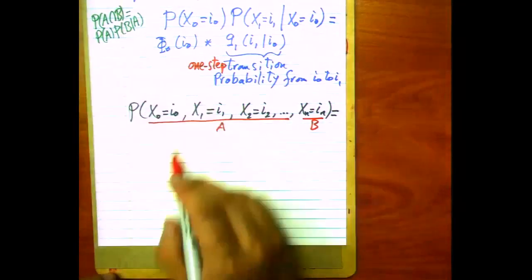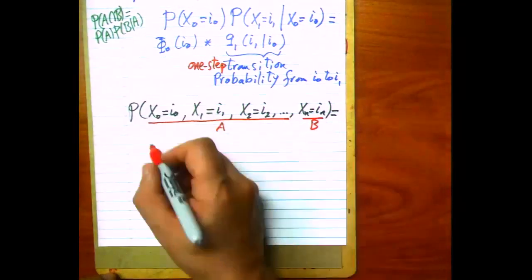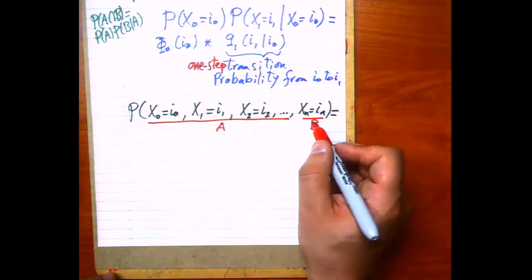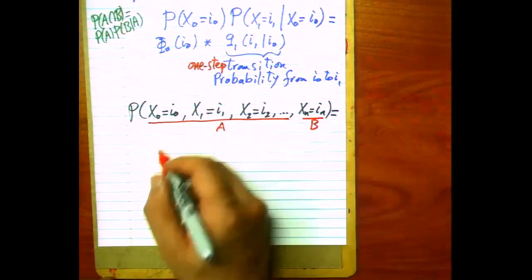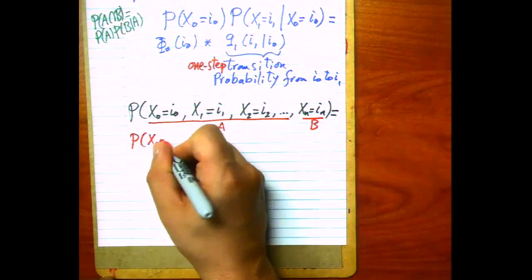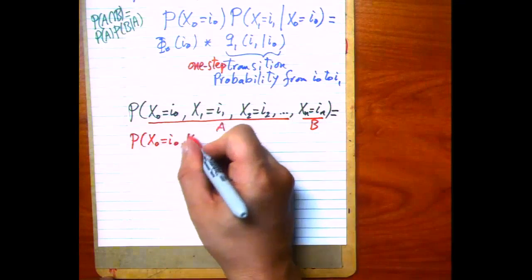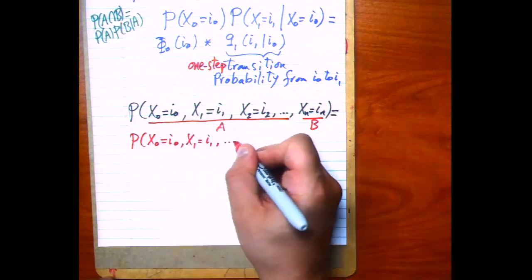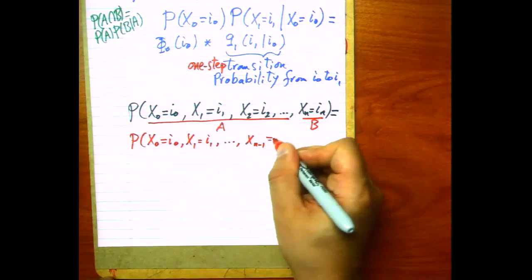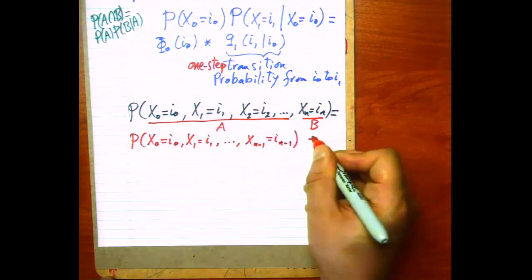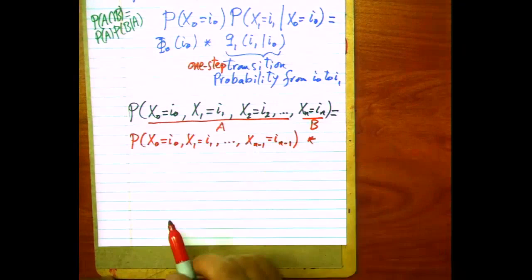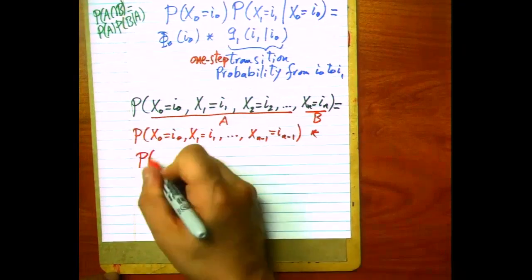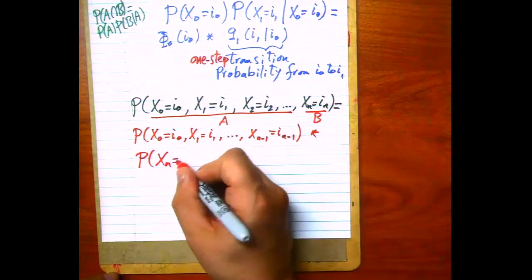The probability of A and B is the probability of A times the probability of B given A.